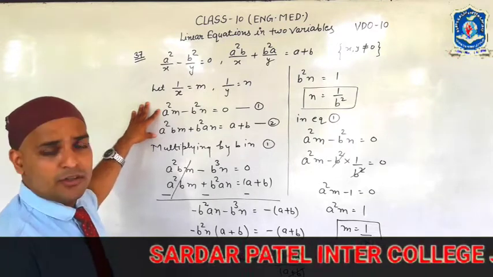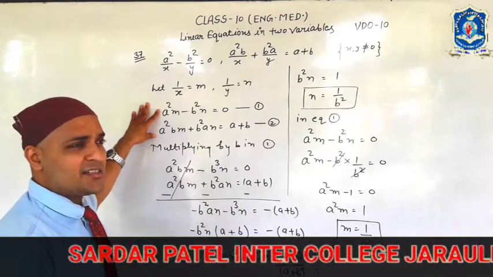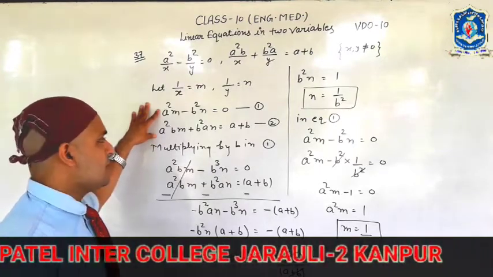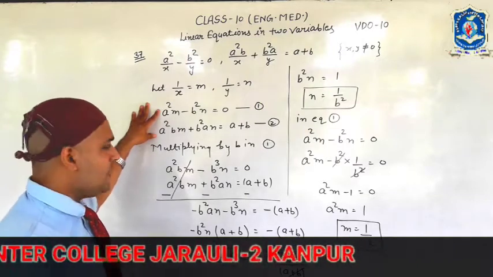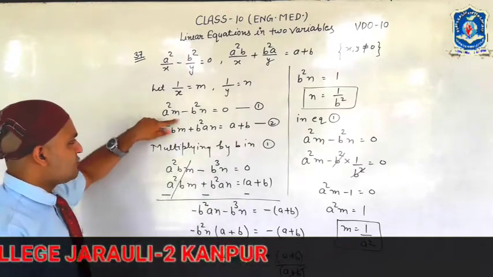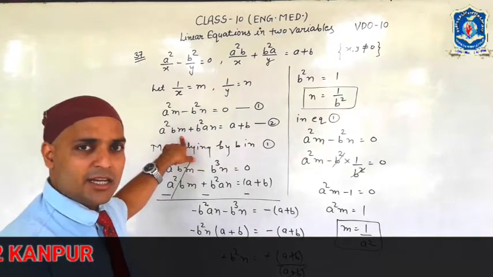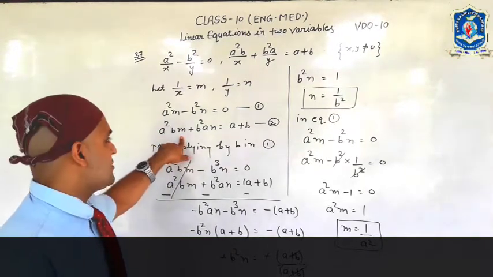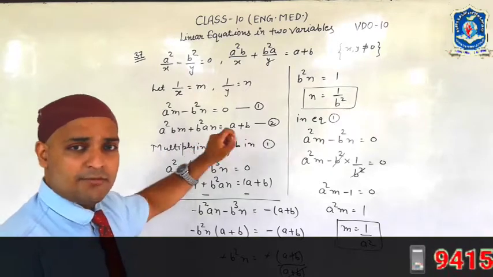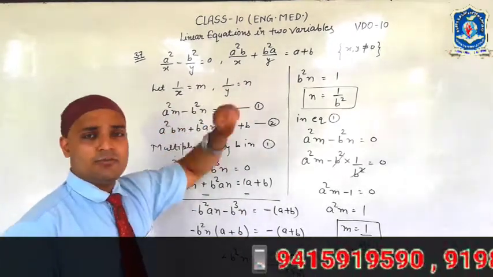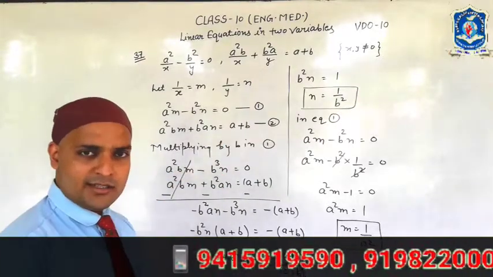Here I am solving by the elimination method because the calculation of the elimination method is very simple. We are solving for variables m and n. First we find the value of m and n, then put the value of m and n here, and you will find the value of x and y easily.